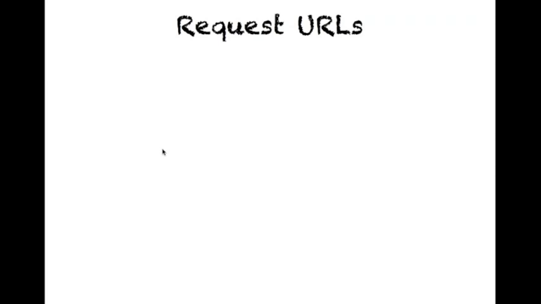So here are the request URLs, which is where the tokens are passed. First, the request token URL. These are within the service provider. This is where the consumer asks for a request token, and then it's processed by the service provider.